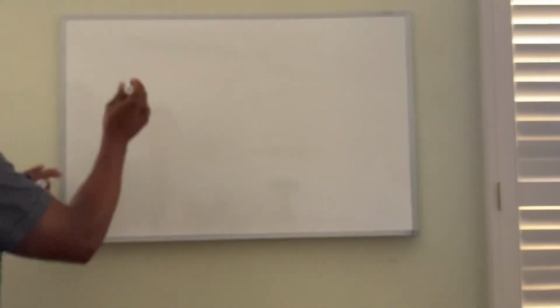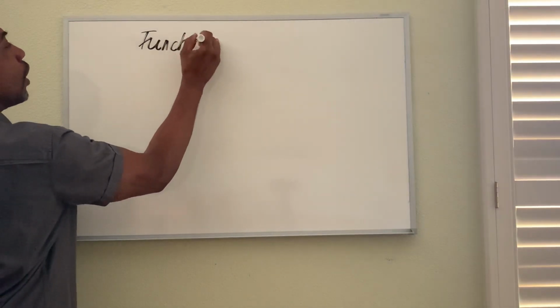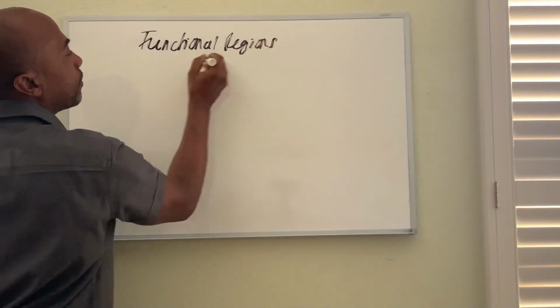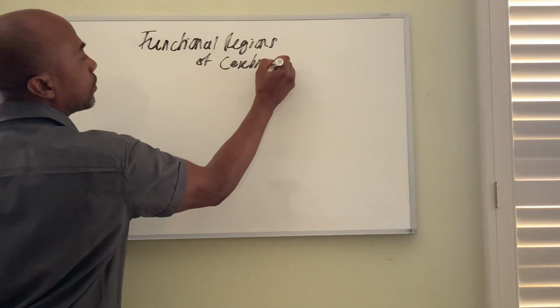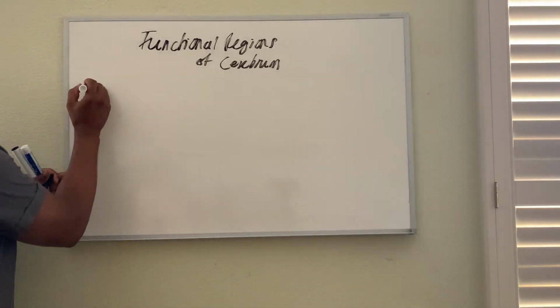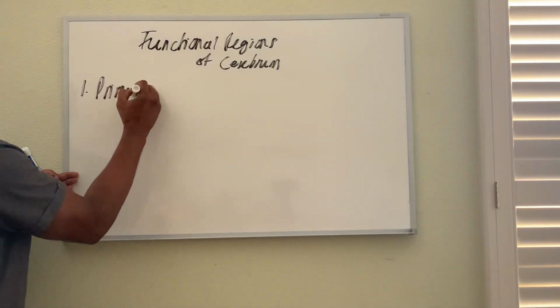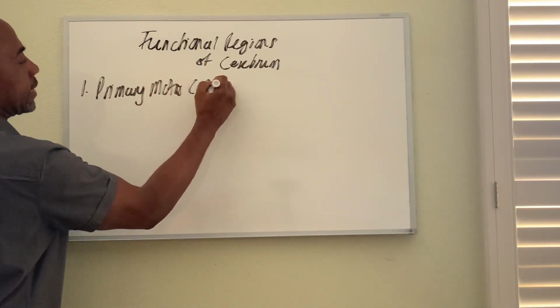Okay, let's look at the functional regions of the cerebrum, not cerebellum, cerebrum, okay? So there's an area called your primary motor cortex.